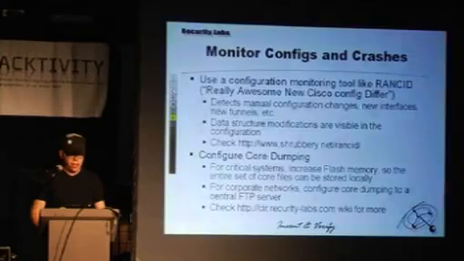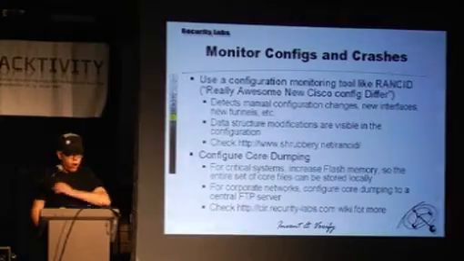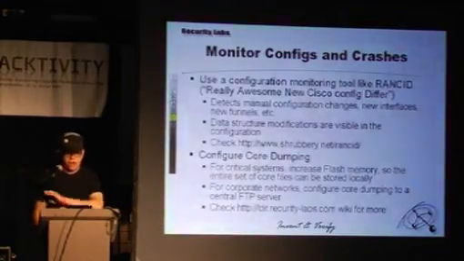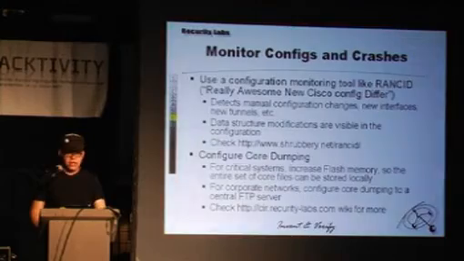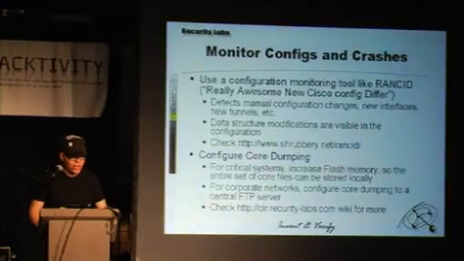Also configure core dumping, because when a device crashes and doesn't dump core to a remote FTP server, all your evidence is gone. You have no chance of figuring out why it ever crashed. Configuring core dumping is not just a security measure, but also a really good measure to slap the core dump in Cisco's face and say, there is an actual bug in here, go fix it.